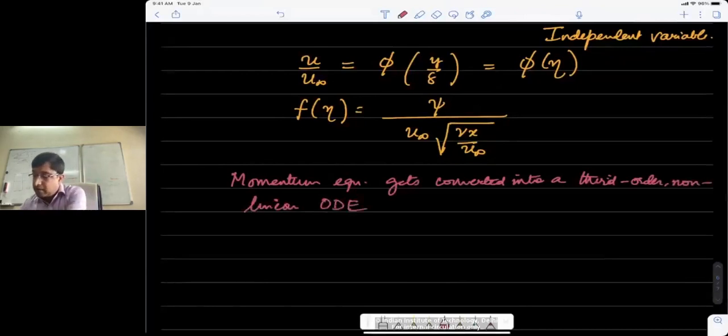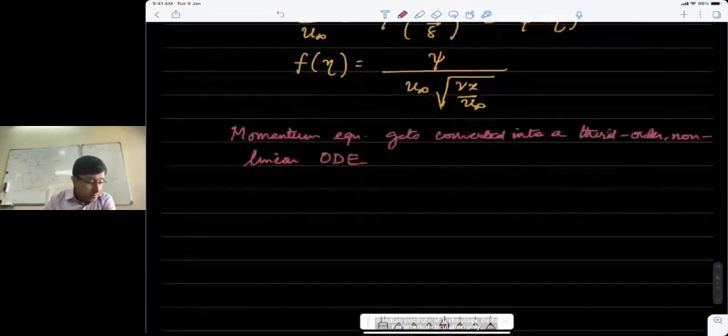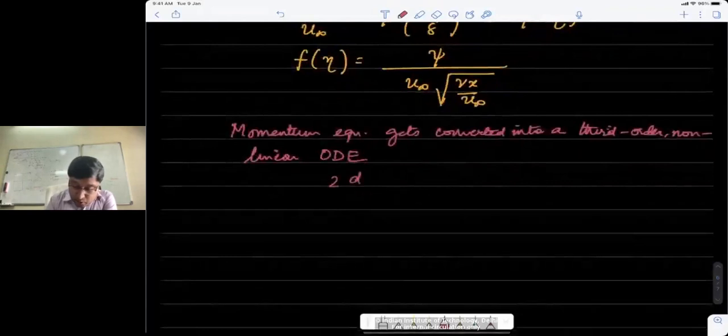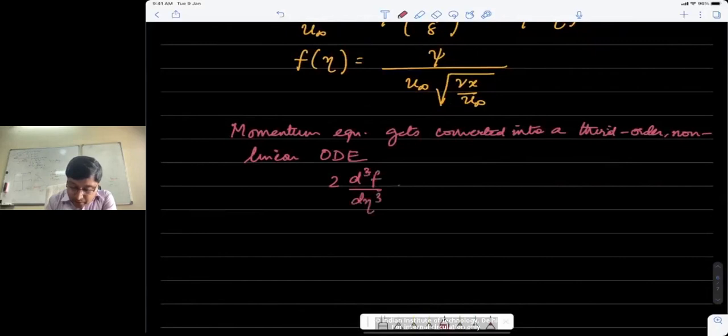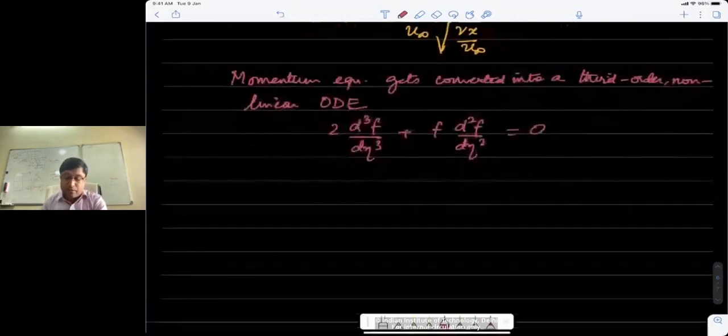And the ODE that he derived looks something like this. So this becomes 2 times d3f d eta cube plus f times d2f d eta square is 0. So that was the ODE that he derived out of this momentum equation.